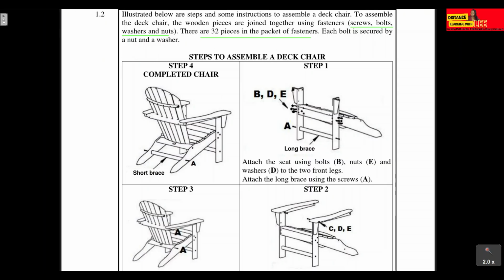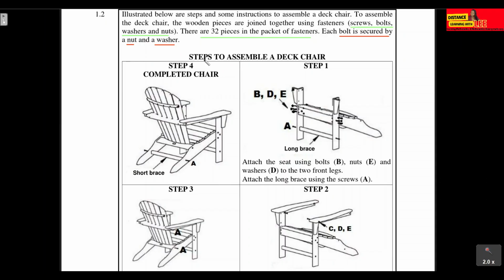And each bolt is secured by a nut as well as a washer. These are important things that you need to highlight. Like I mentioned, when you're doing your mathematical literacy, because a lot of English is used, you need to highlight the important information that is given to you, because it will come in handy when you have to answer the questions.